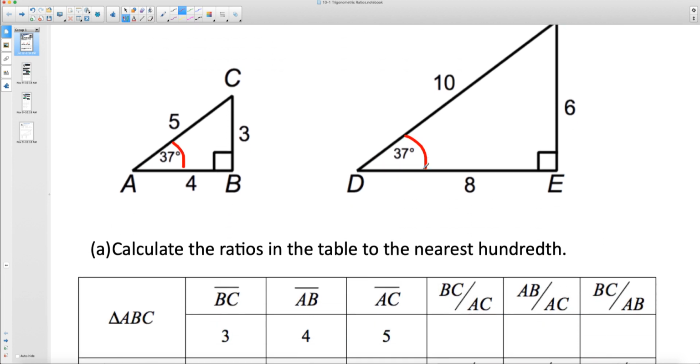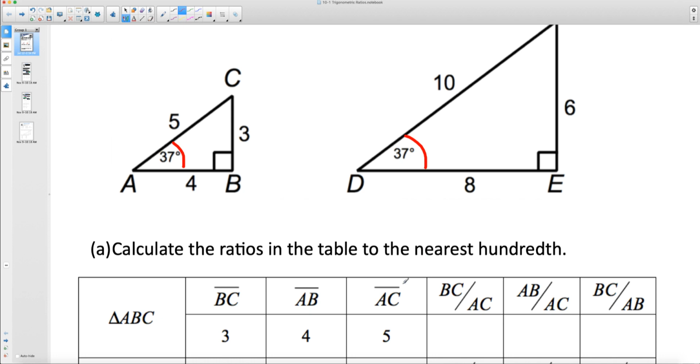Okay, we're going to go ahead and calculate the ratios of these specific sides. So we're going to look at triangle ABC first. So BC has a length of 3, AB is a length of 4, AC is a length of 5. The first ratio we're asked to calculate is BC over AC.